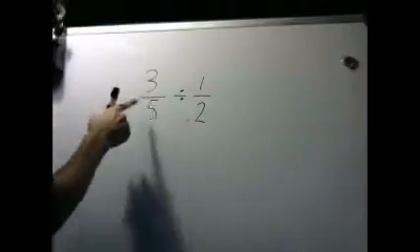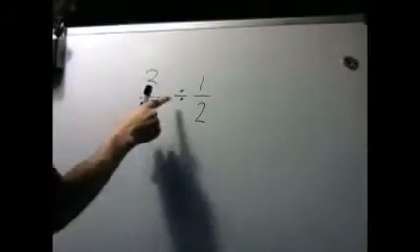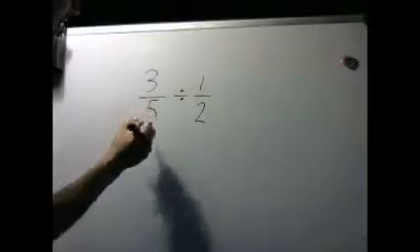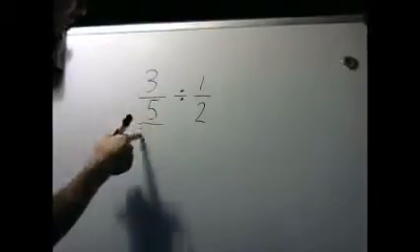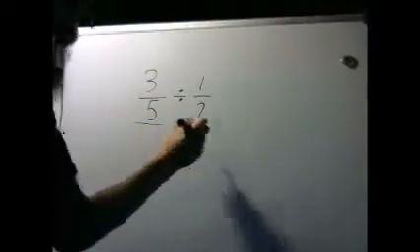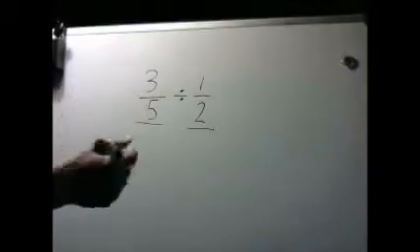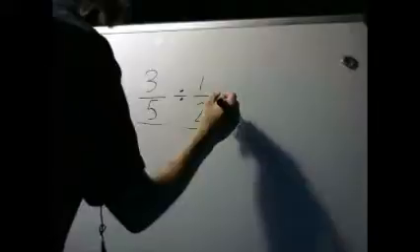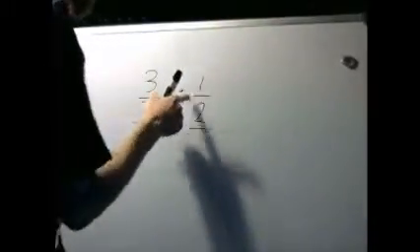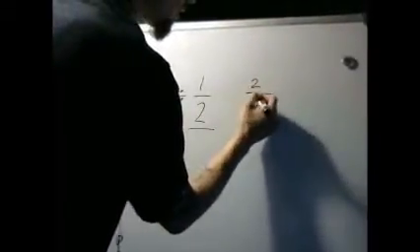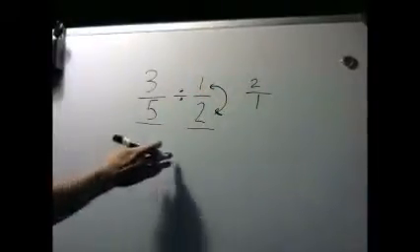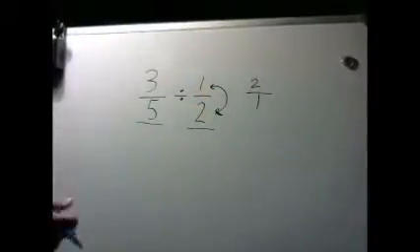Okay, so if we're wanting to divide 3/5 by 1/2, what we're going to want to do is divide this number by the reciprocal of this number. Now, what is the reciprocal? The reciprocal is just the flip of this. Therefore, the reciprocal of 1 over 2 is 2 over 1.